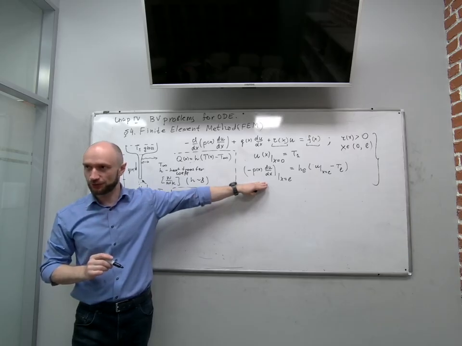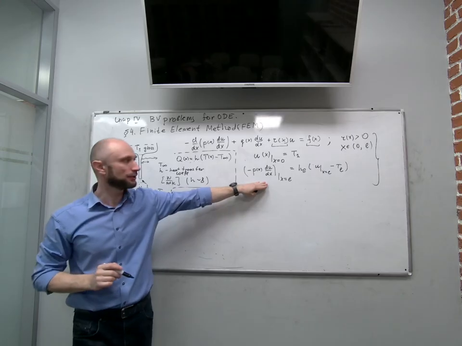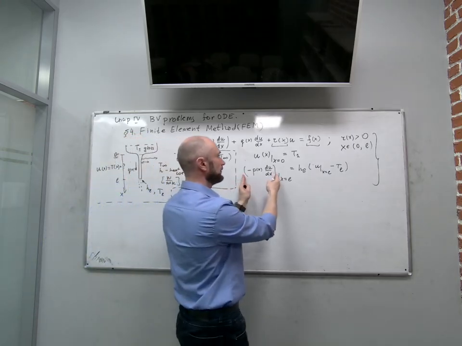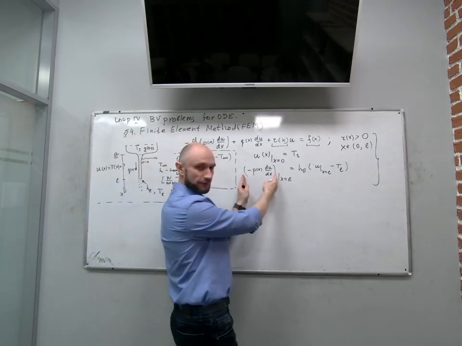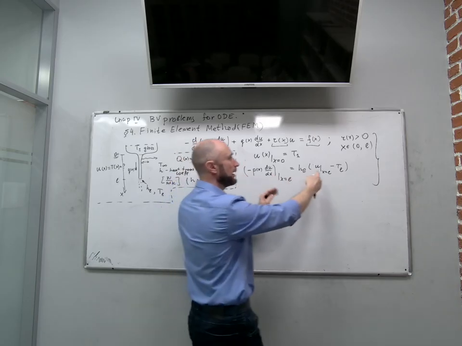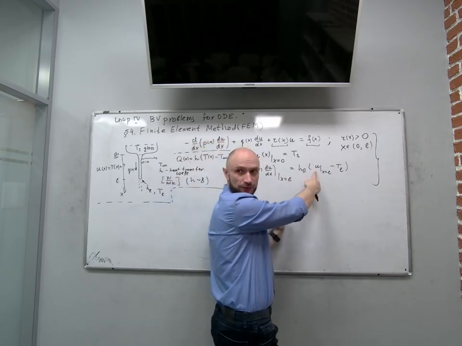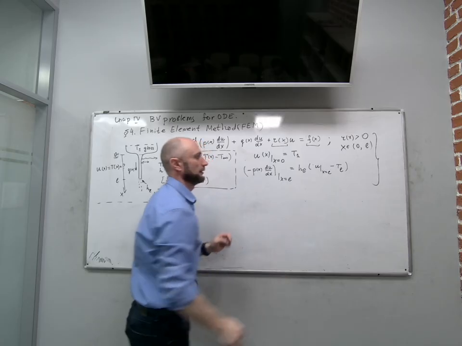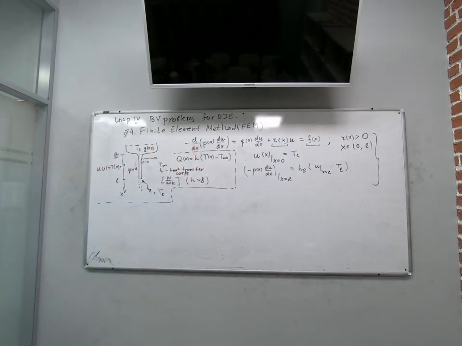This is the third type boundary condition because it involves the derivative of the unknown function and the unknown function itself. I have a question. What's for mu? What's for TL? Is one for gas? Is one for air? Could you say it again, please?